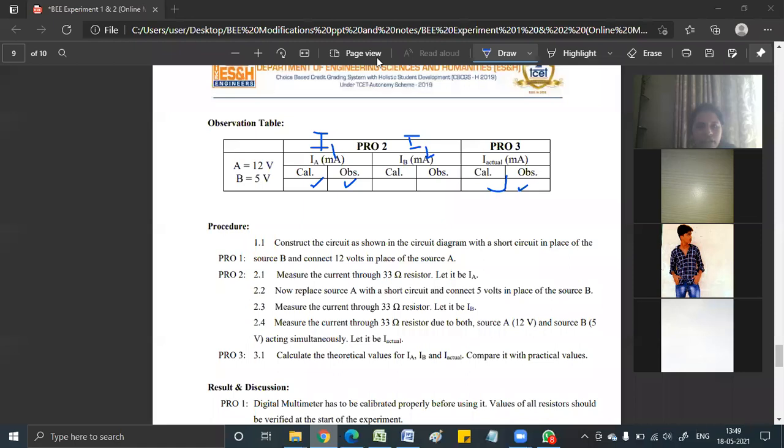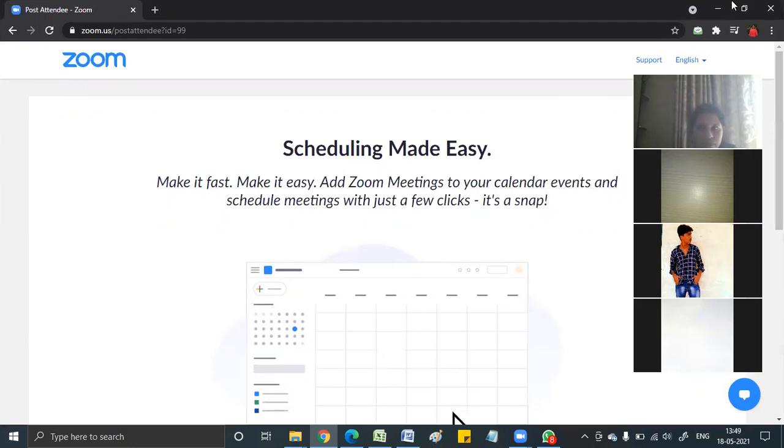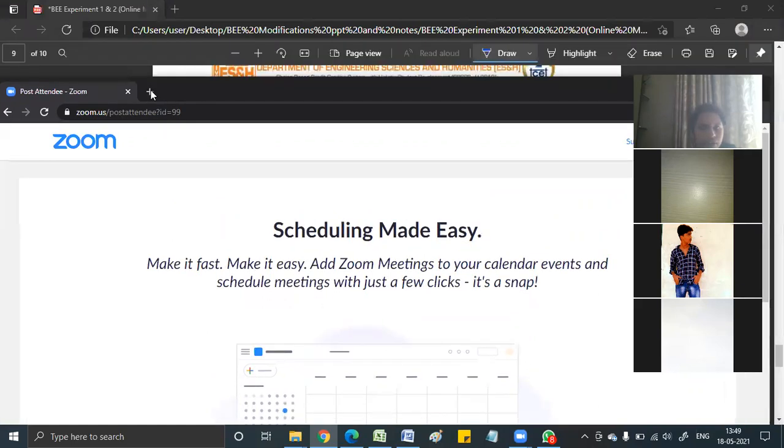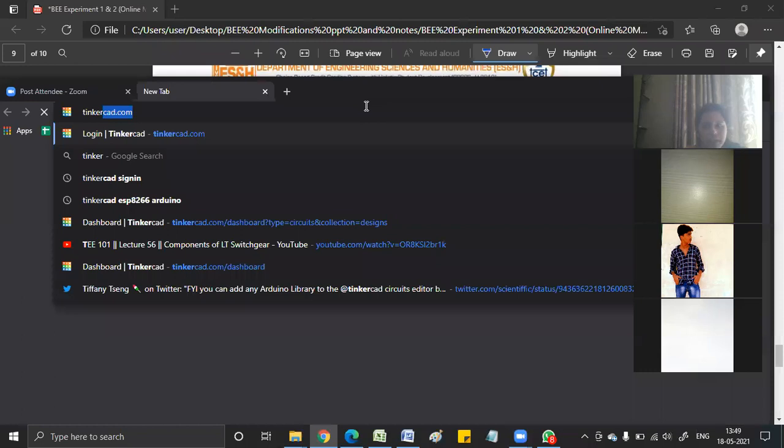So we'll just start off with Tinkercad. Kindly open Tinkercad. Just click on tinkercad.com. You've already created your credentials, right? You have signed up on Tinkercad.